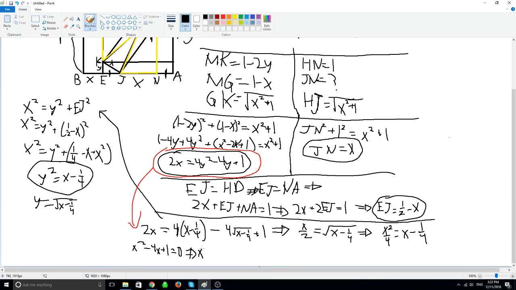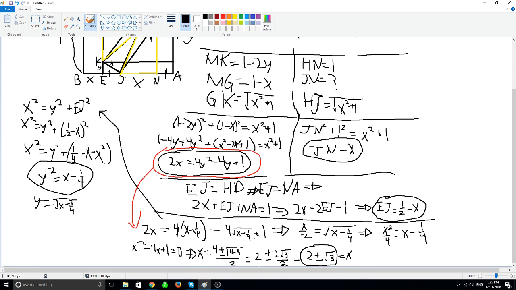So we have x equals negative b plus or minus the square root of b squared minus 4ac all over 2a, which is equal to (4 plus or minus 2 root 3) over 2. Oh man, I hate this. Right over here. And then we have 2 plus or minus square root 3 is equal to x.